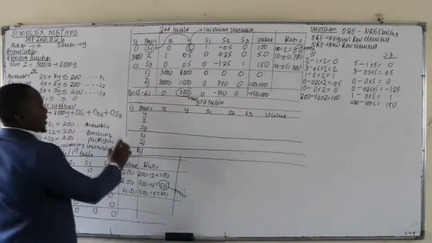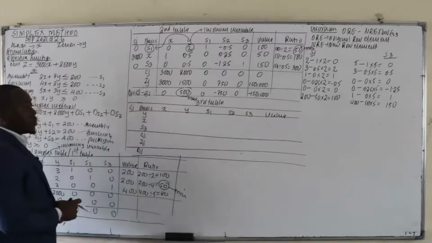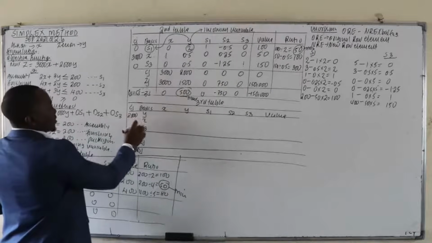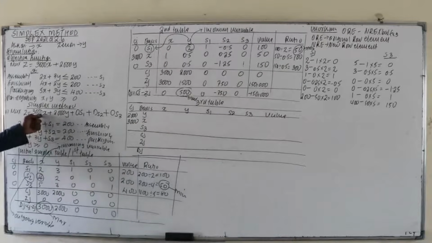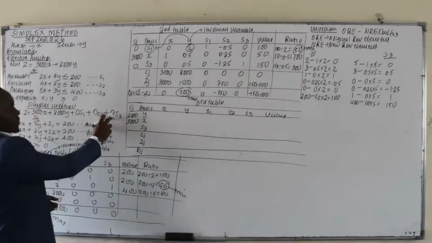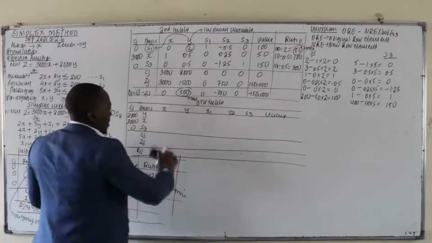We start with the CJs. Y, CJ represents the contribution margin. The contribution margin for Y was 2,000. X was 3,000. S3 is 0.